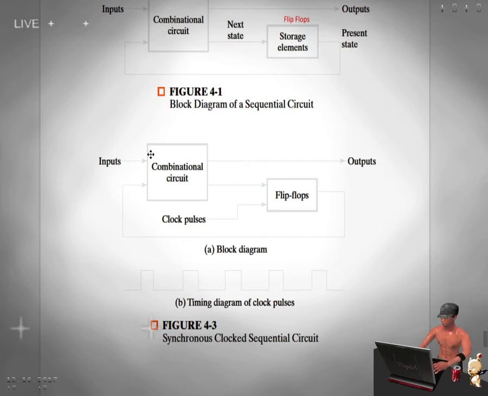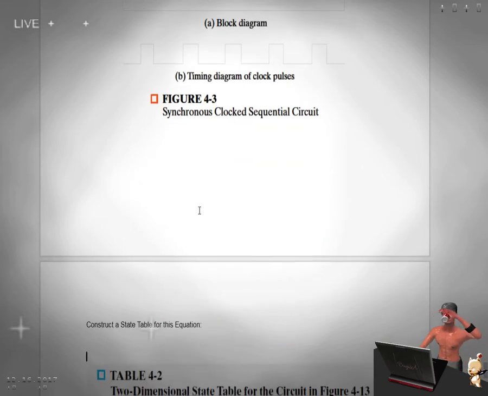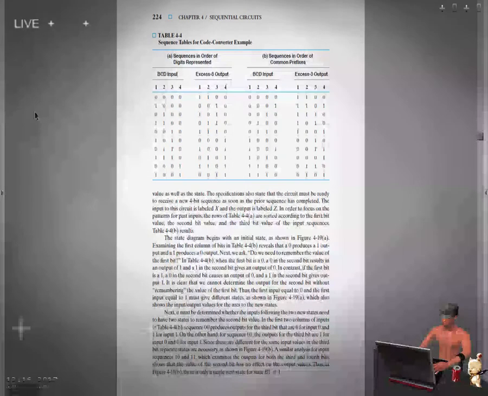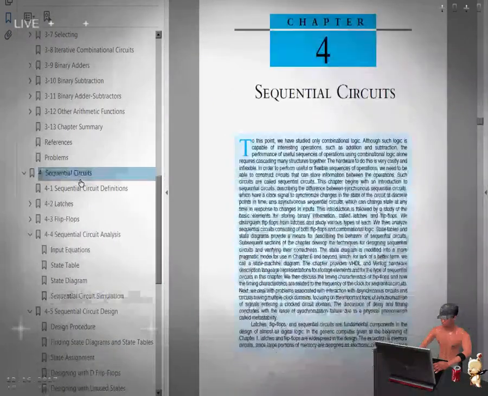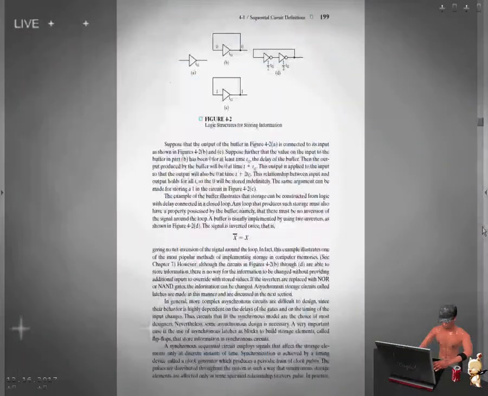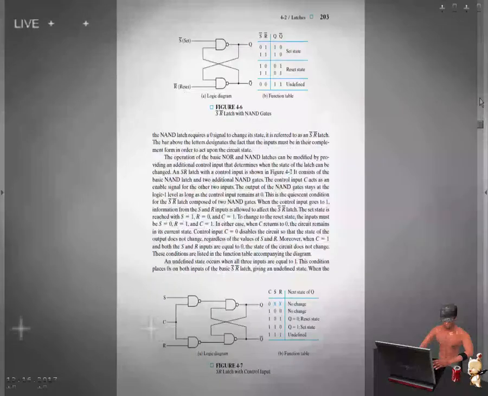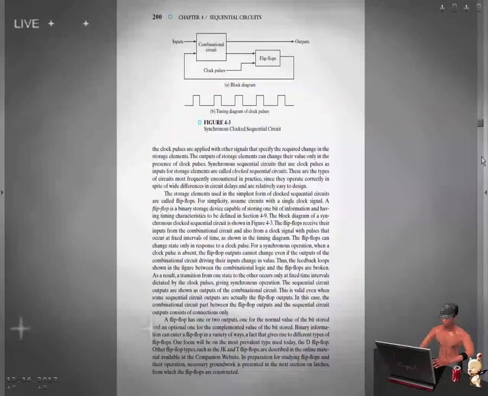Yeah, this is going to take some editing because the sequential circuit is not here. Alright, they should have it in the book though. They have to because the book has a good drawing of a sequential circuit.